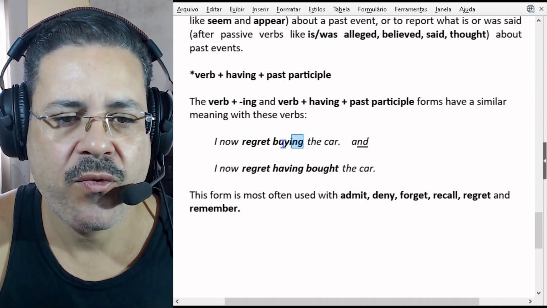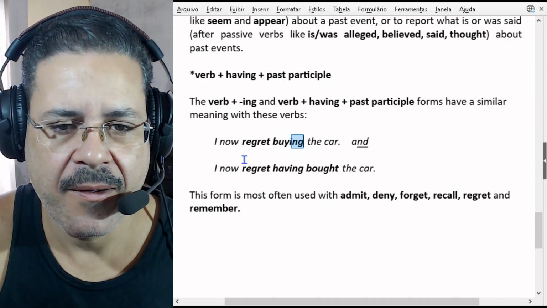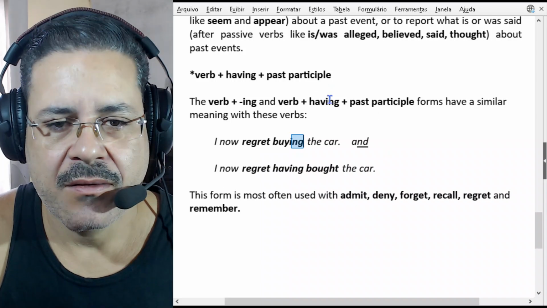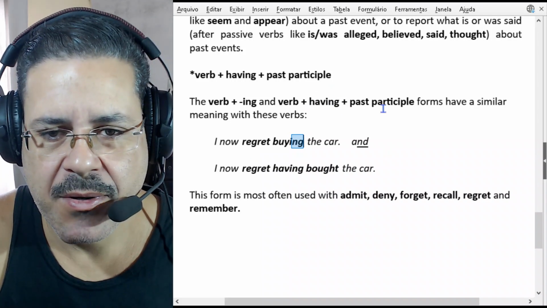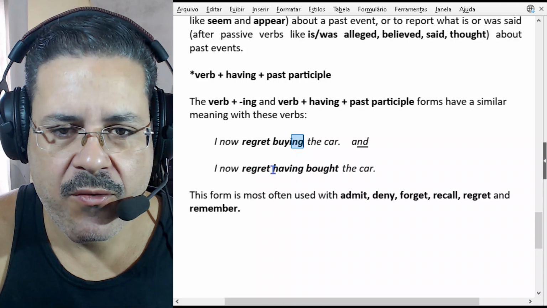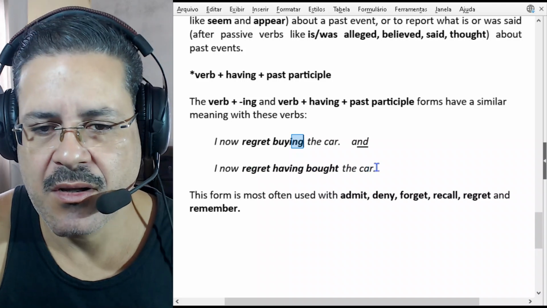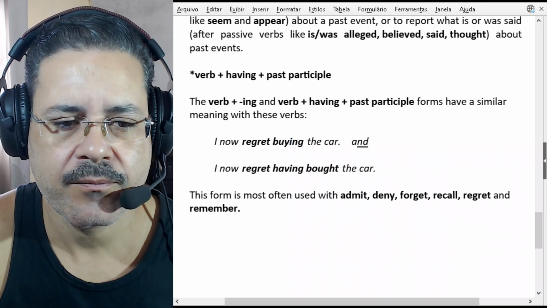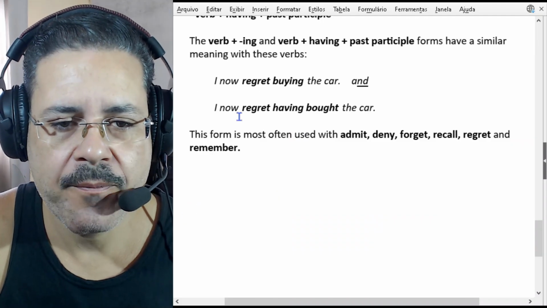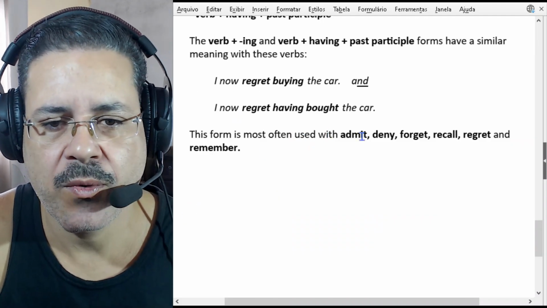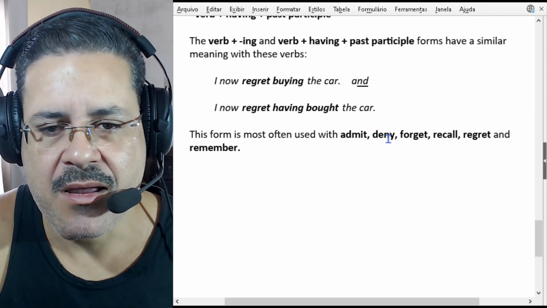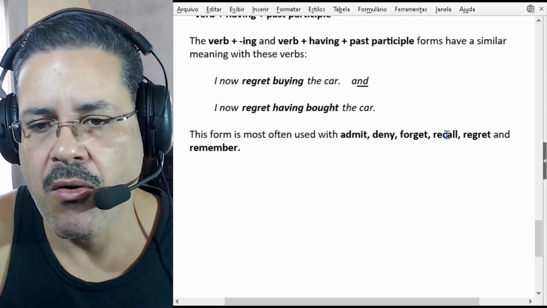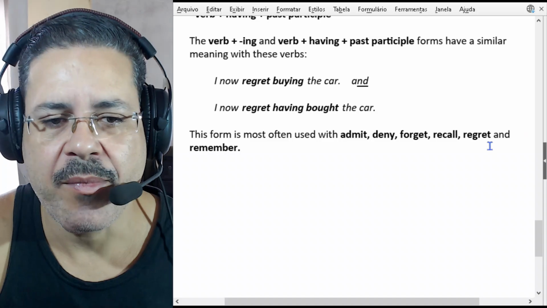I now regret buying the car. And the second example, having plus passive participle. I now regret having bought the car. This form is most often used with admit, deny, forget, recall, regret, and remember.